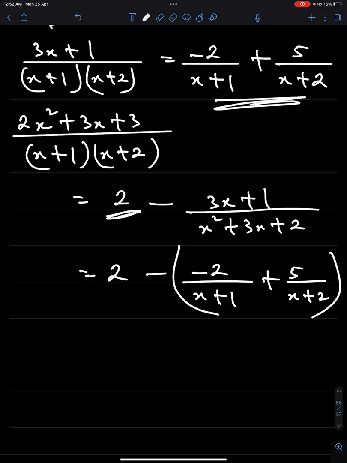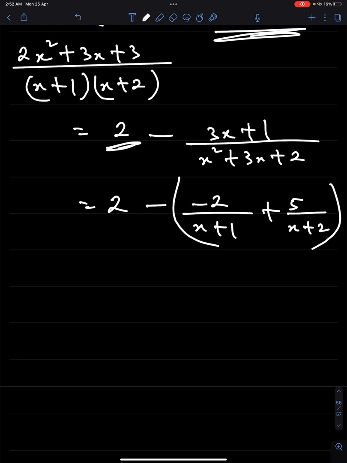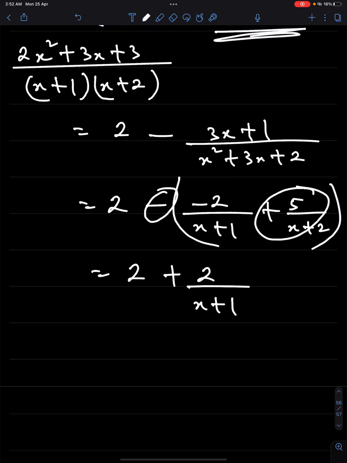So that's what I've done here. x squared plus 3x plus 2 is x plus 1 times x plus 2. So now I can open the bracket. That's 2 plus, if I open the bracket here, minus 1 times this is going to be plus 2 over x plus 1, minus 1 times plus 5 over x plus 2 will be minus 5 over x plus 2.